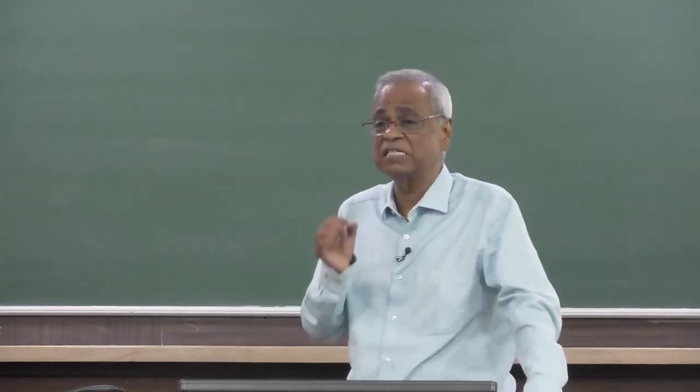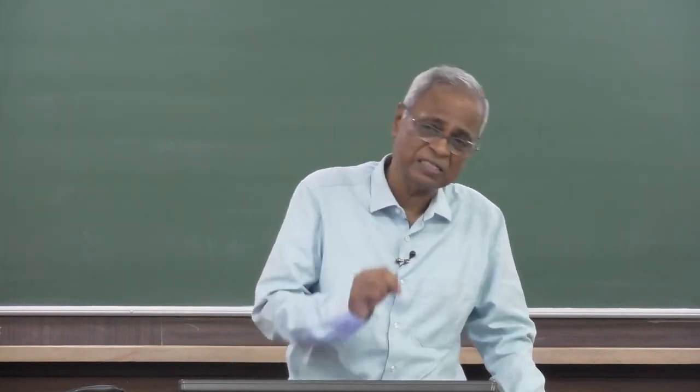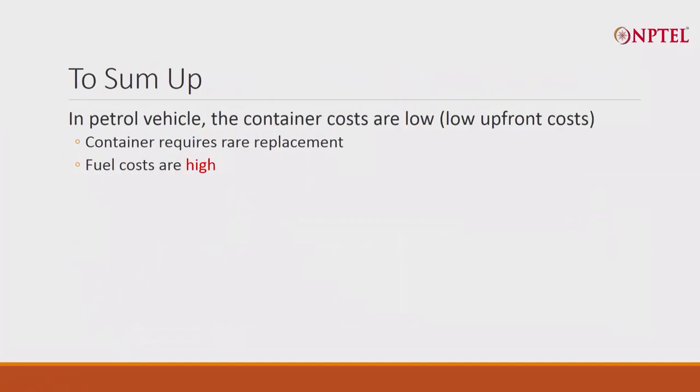So, all these things make things complex, and we will discuss these things in detail in the course. To sum up, in a petrol vehicle, the container costs are low upfront cost, the container requires rare replacement, fuel costs are high.